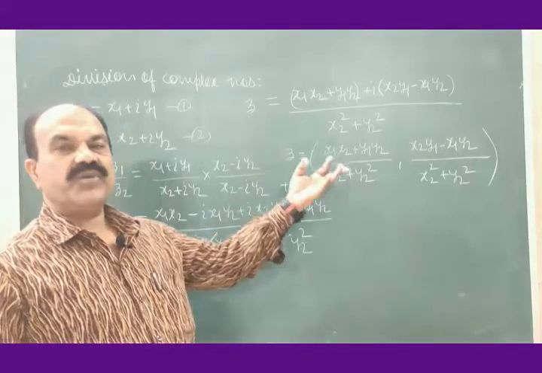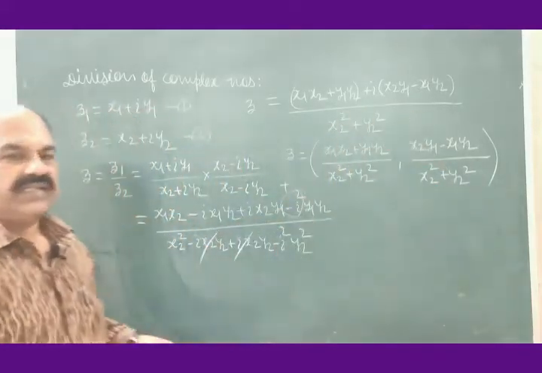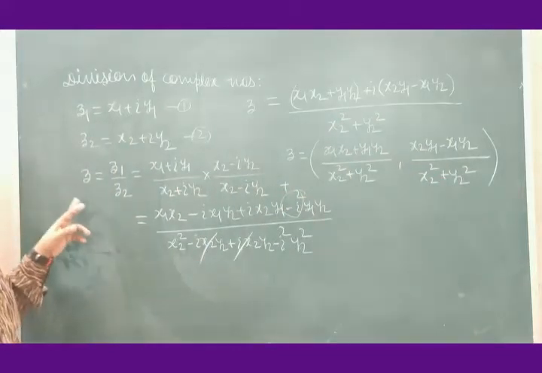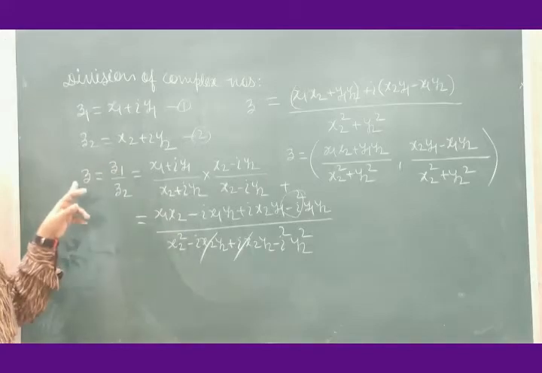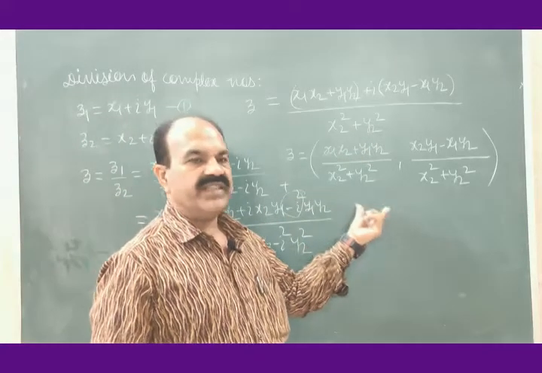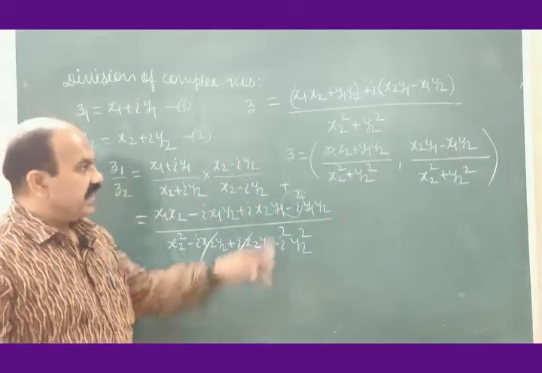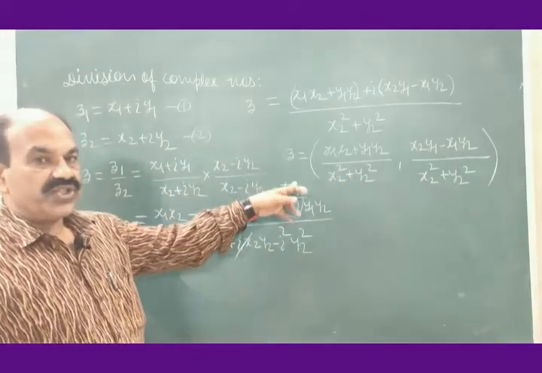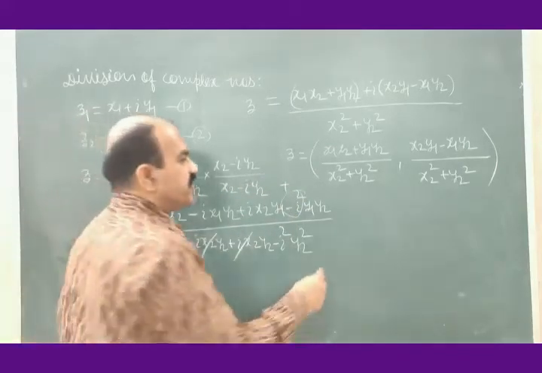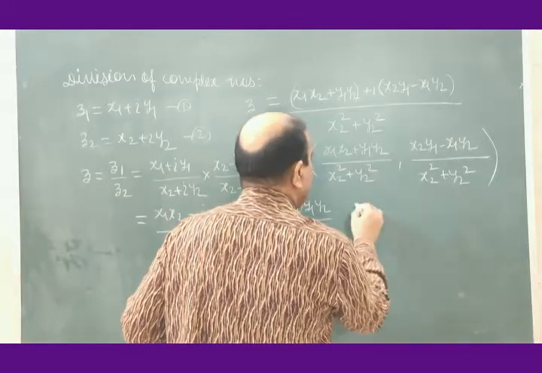So Z is also a complex number. This is the real part, this is the imaginary part. It means that division of two complex numbers is also a complex number whose real part is given by this, imaginary part is given by this.